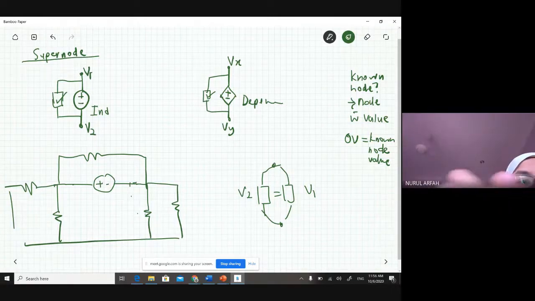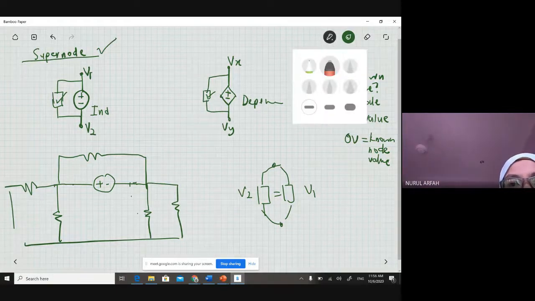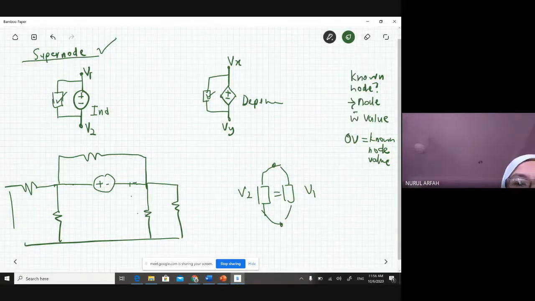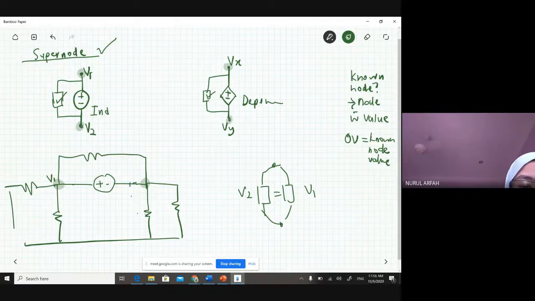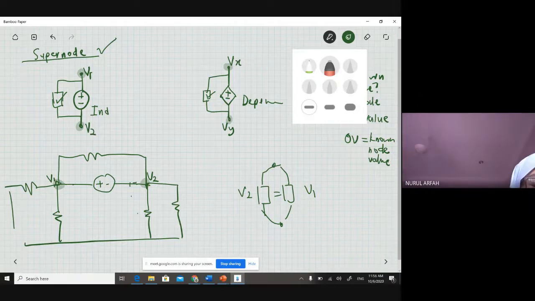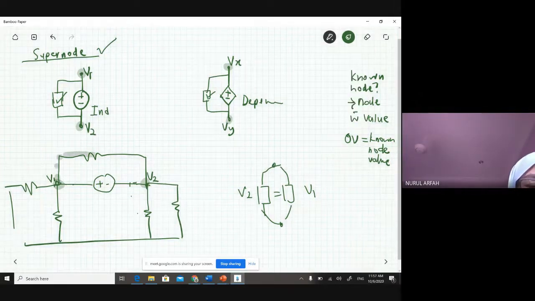First you need to consider, is there any supernode or not? If there is, you need to draw the boundary for this. Where is the boundary? Anything attached to this point and this point. We have a voltage source here, with V1 and V2. Then we have two nodes connected to each other like this, and then it is attached to some resistor here.